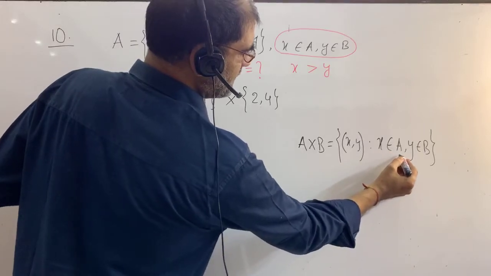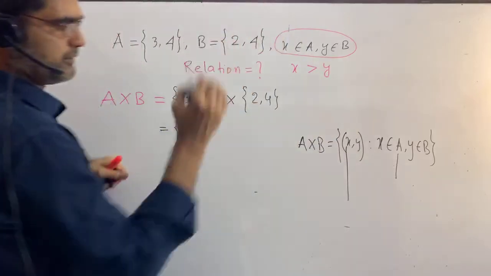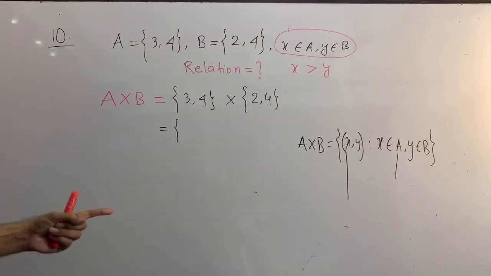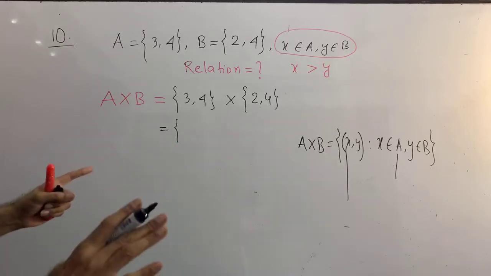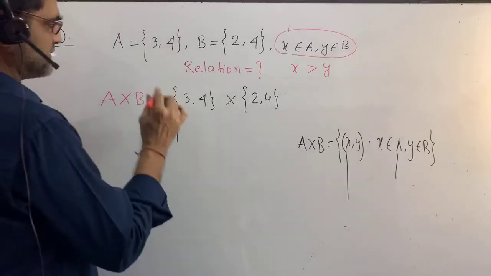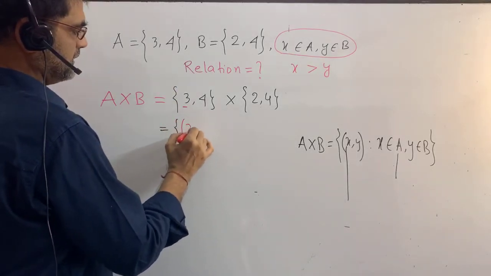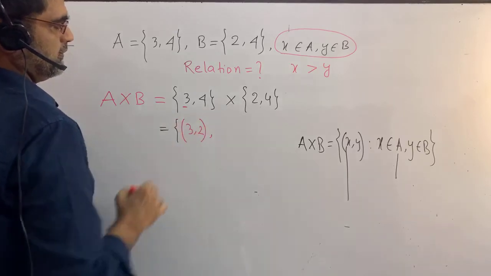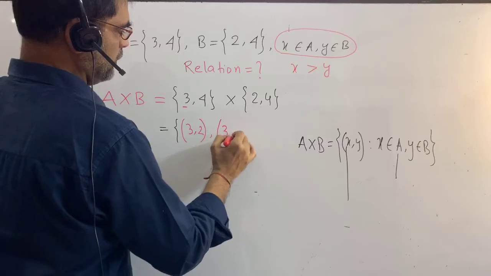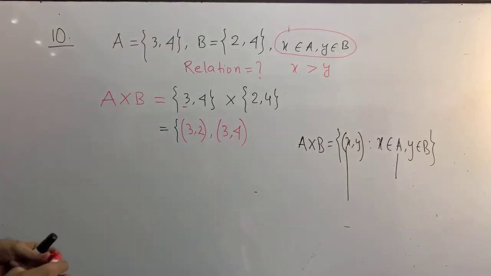The elements of A will be considered at first. So what are the elements of A? Elements of A are 3 at first. Write down 3 comma 2, then 3 comma 4. I told you that the elements of A are to be considered at first.